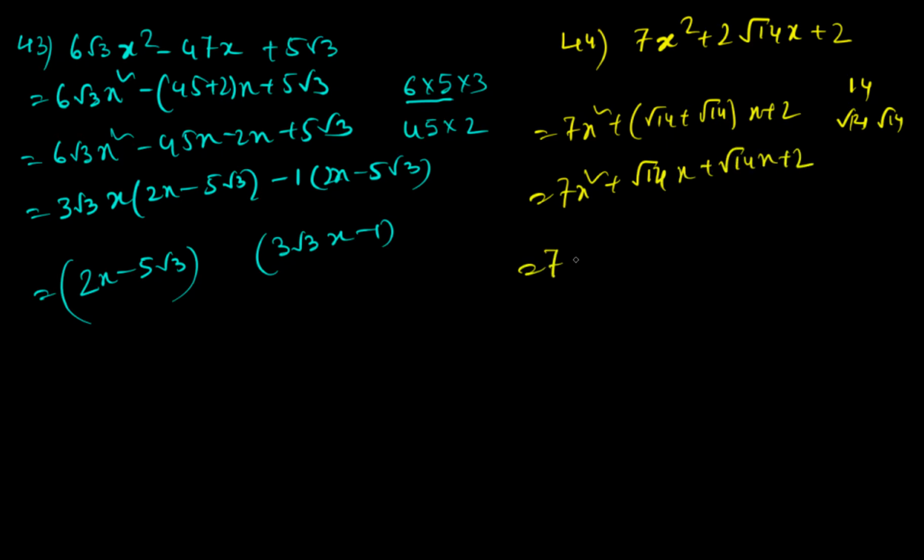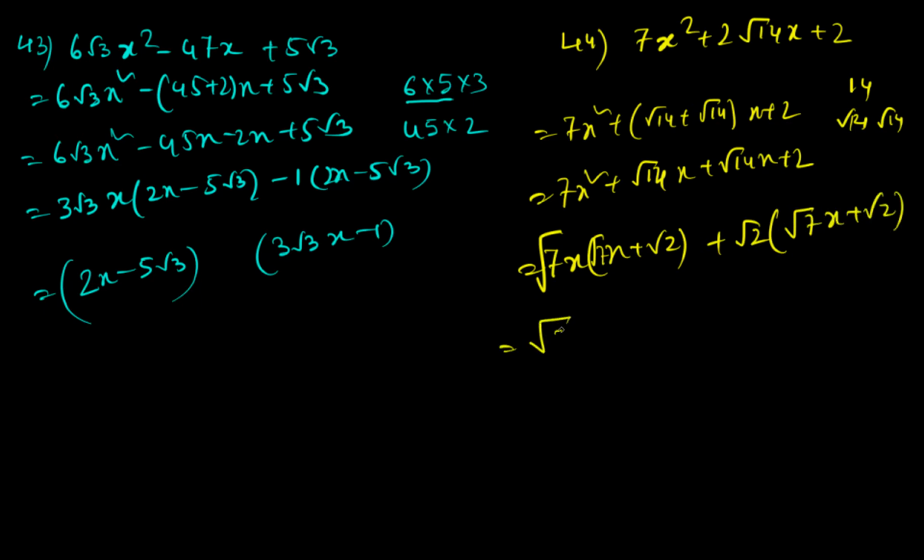I can take 7x common, it's x plus root 2, plus I can take, actually I can take root 7 common, so it's root 7x plus root 2, and I can take root 2 common, it is root 7x plus root 2.